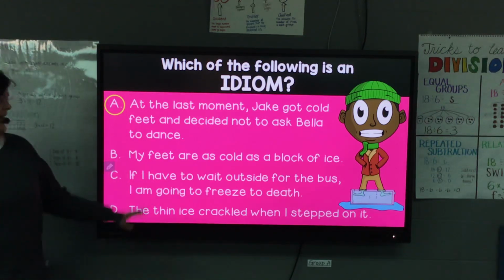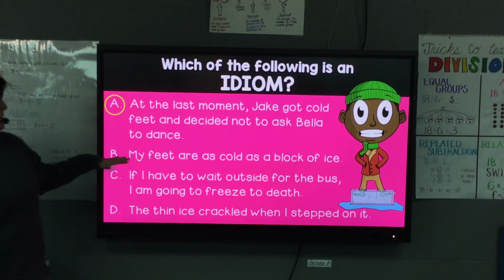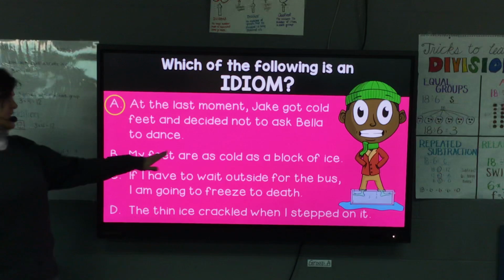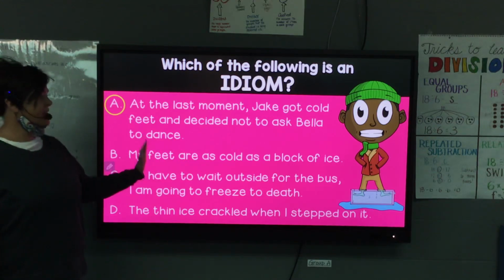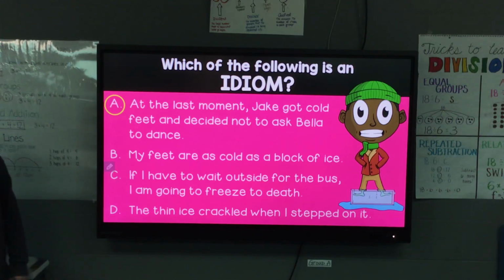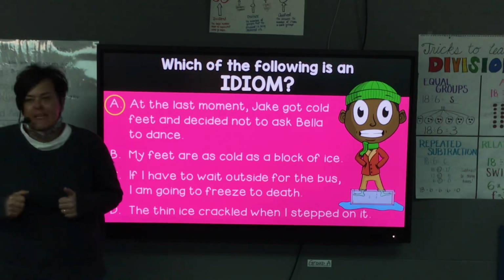My feet are as cold as a block of ice. What literary device or figurative language is B? Natalia? Simile. It's a simile because it uses "as" to compare feet to the ice. If I have to wait outside for the bus, I am going to freeze to death.